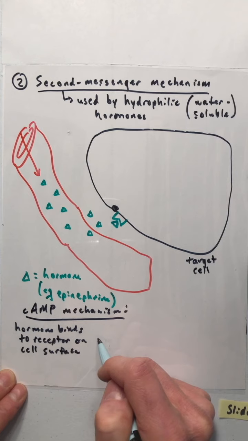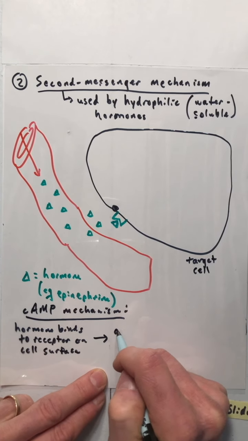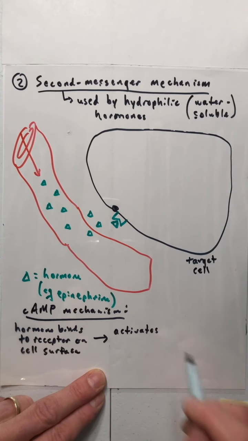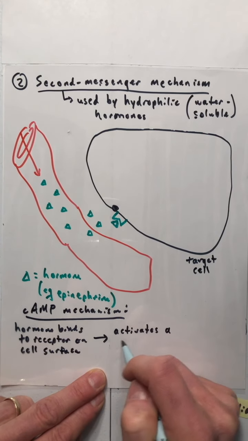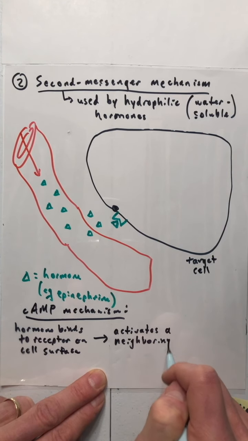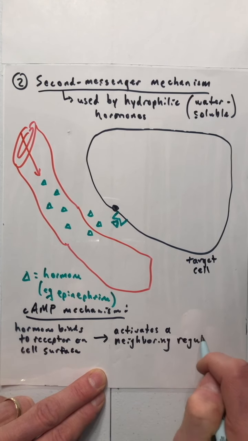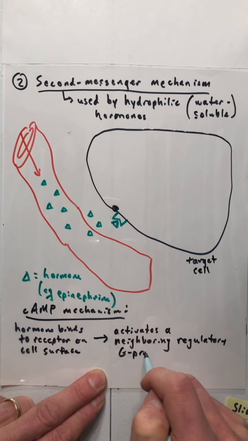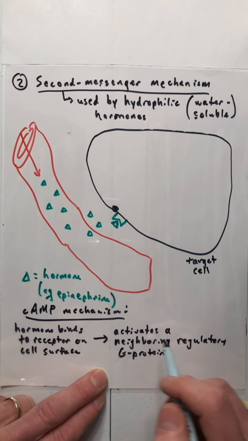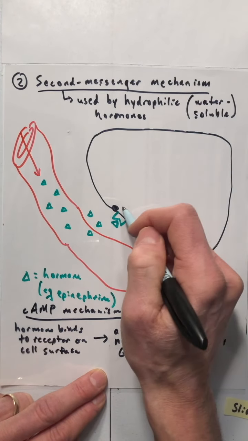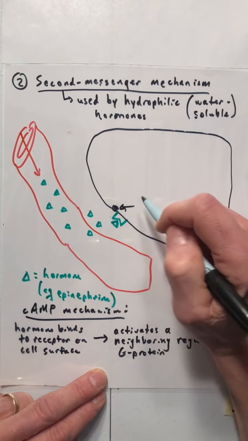So when the hormone binds to the receptor, that activates the neighboring regulatory G protein, which is this guy right here, I'll label it here.